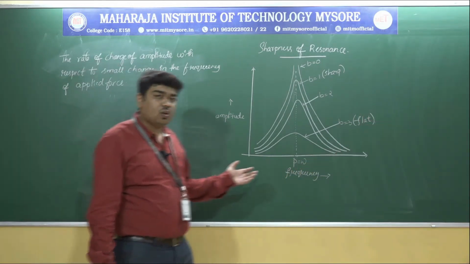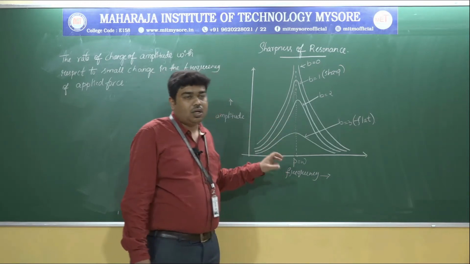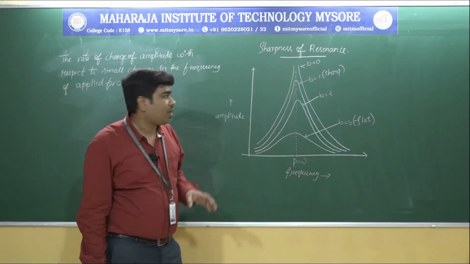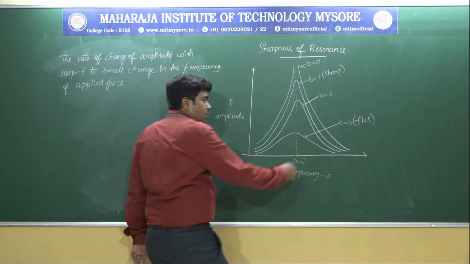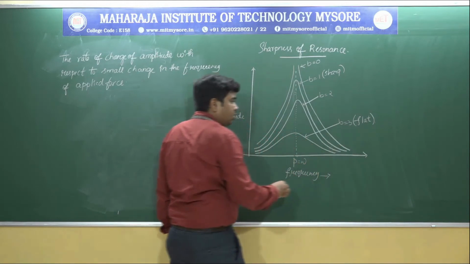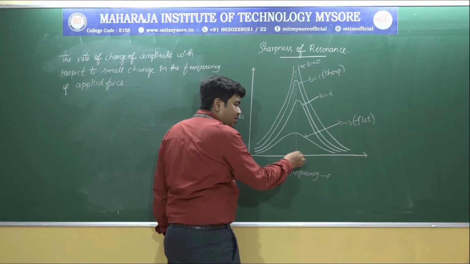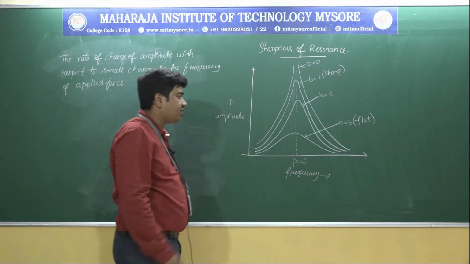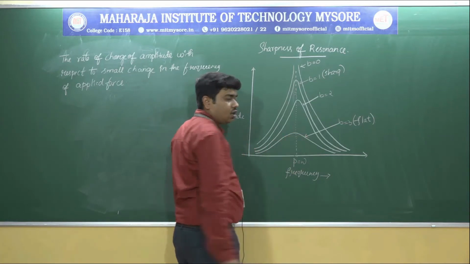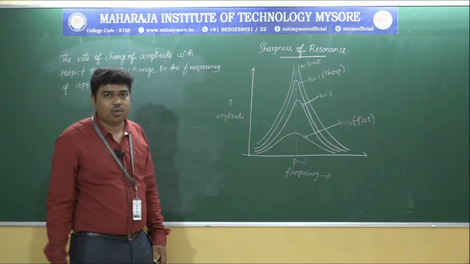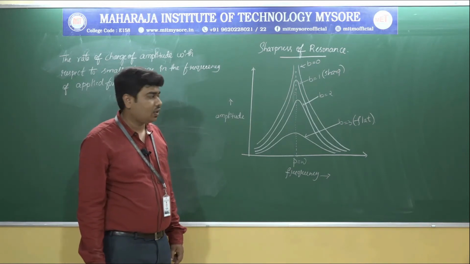But when the damping factor goes on increasing, what happens is that the curve doesn't remain sharp, the curve goes on becoming flat. As you can see, when the damping value has increased, even though there is either a decrease or increase in the frequency of the applied force, there is no sharp decrease in the amplitude of the oscillating body.